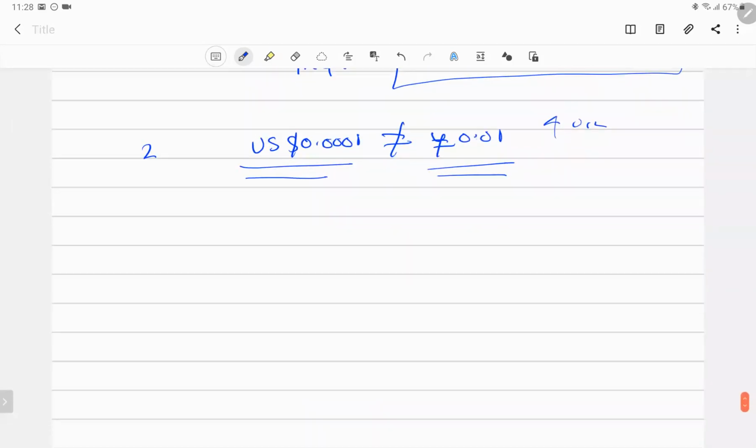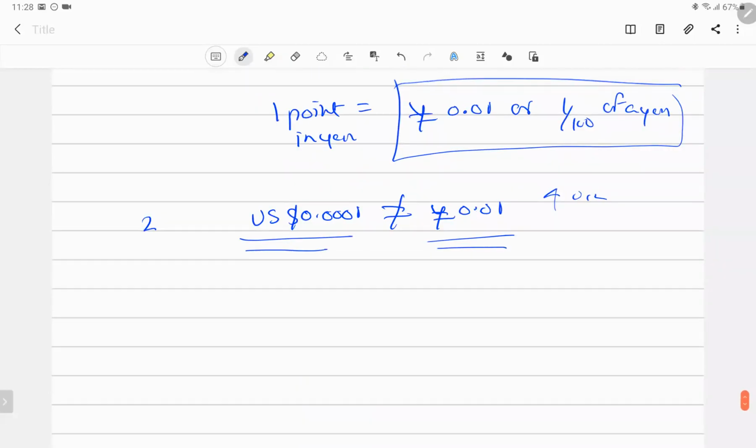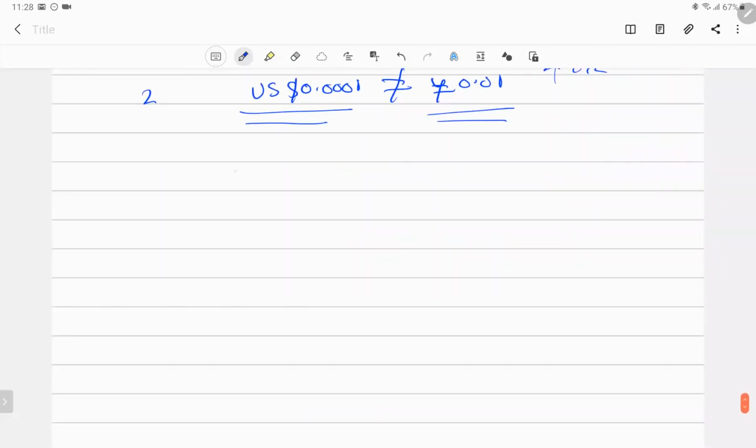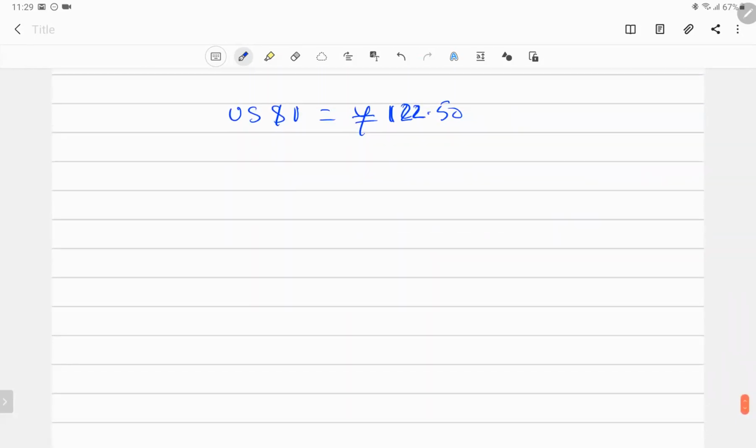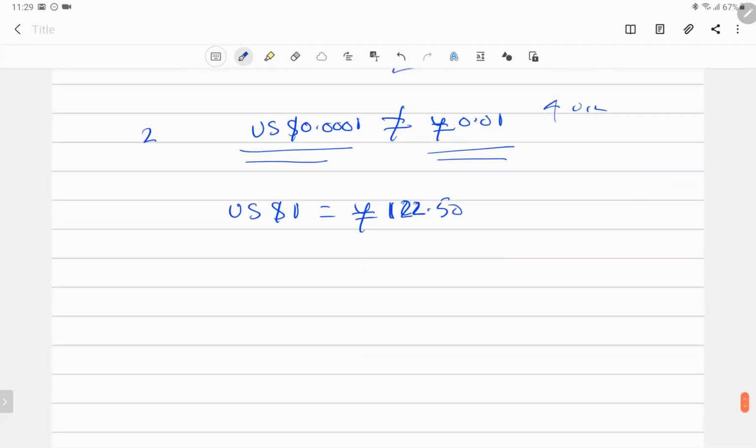As we have seen with the US dollar, I can write the example. Suppose you have US $1 equal to yen 122.50. The commodity currency US dollar is being priced in terms of yen, that is 122.50. Suppose you have to determine only the points, in the dollar point.